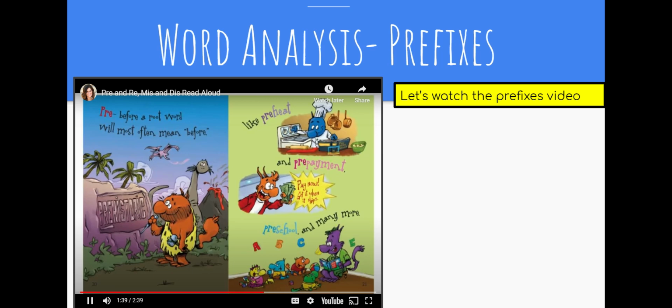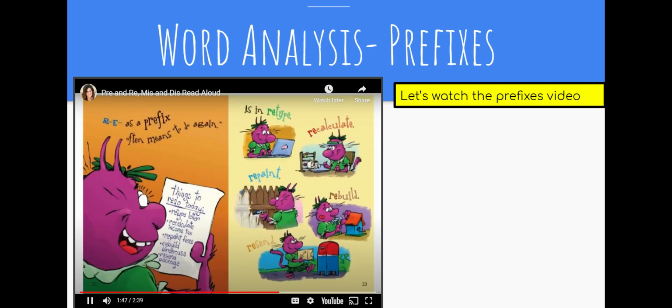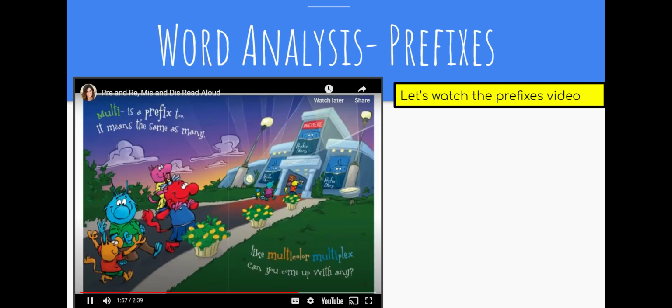Pre before a root word will most often mean before, like preheat and prepayment, preschool, and many more. Re as a prefix often means to do again, as in retype, recalculate, repaint, rebuild, resend. Multi is a prefix too. It means the same as many, like multicolor, multiplex. Can you come up with any?